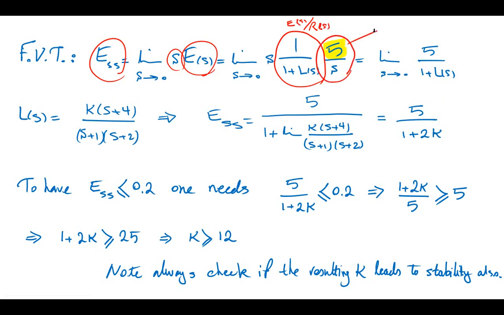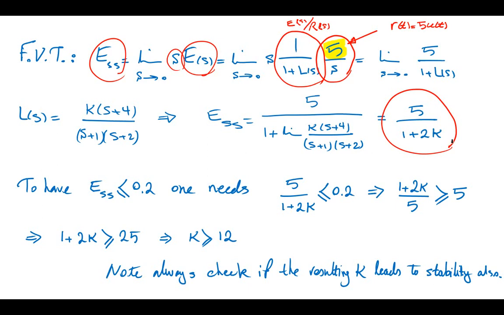You see this 5 here? That's because the input is 5 times u(t). If we do this and simplify it, we end up with this: the steady state error is 5 over 1 plus 2k.